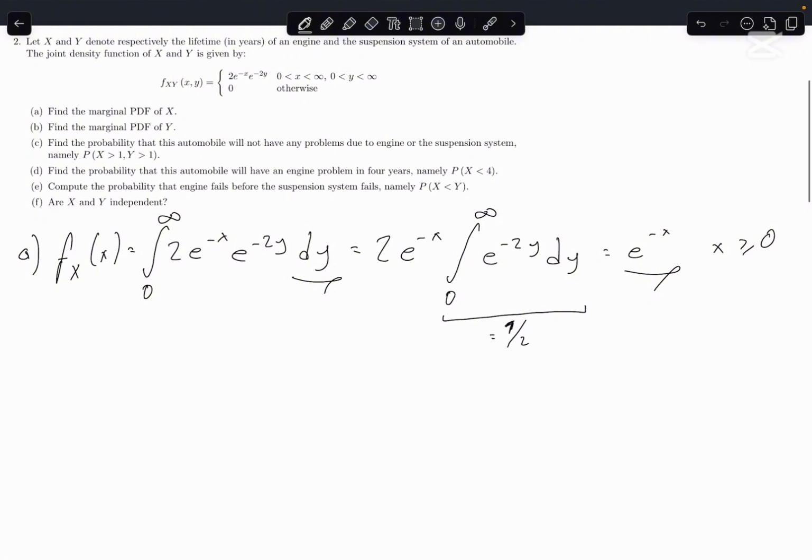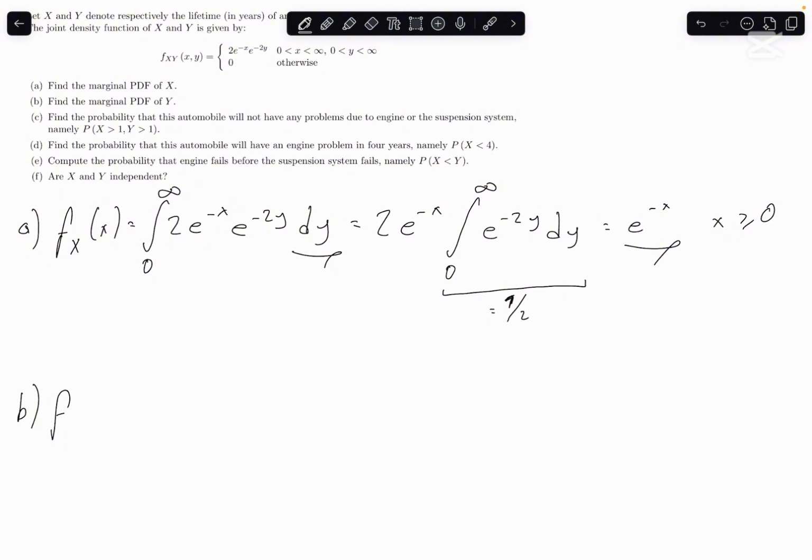Okay, section B. It says find the marginal PDF of y. To find the marginal PDF of y, we do the same in the other direction. Integrate over all x to get the marginal of y. Let's solve it. We have the marginal of y equals the integral over 0 to infinity of e to the power of minus x, e to the power of minus 2y dx.